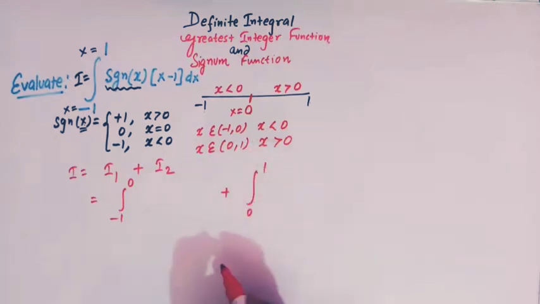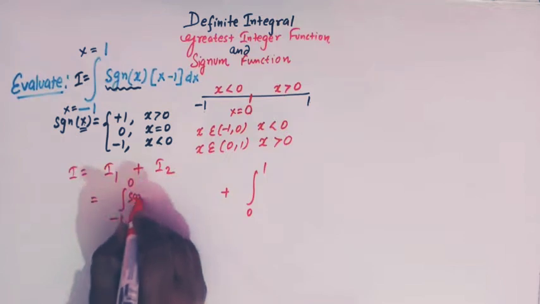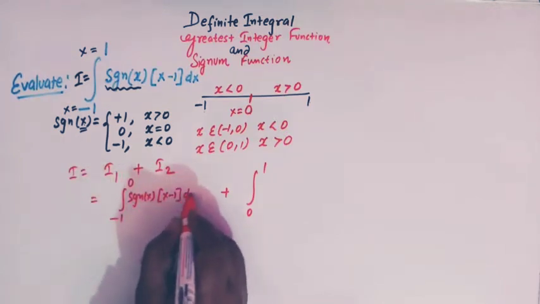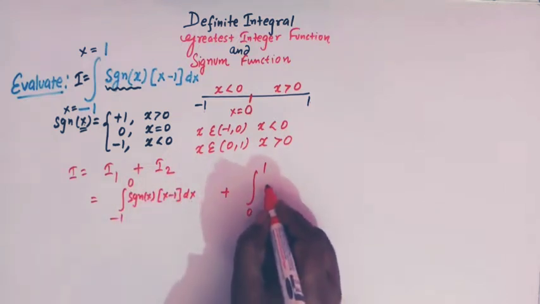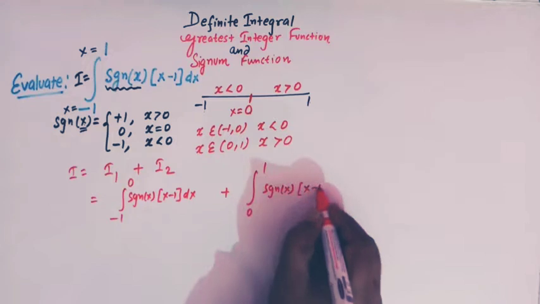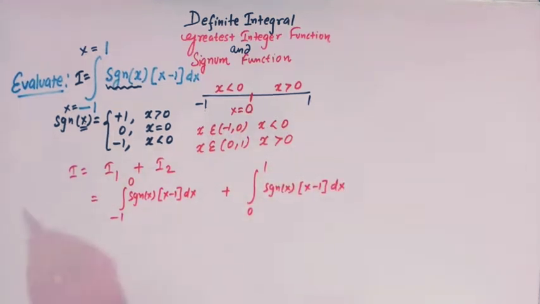Our integrand is signum of x times greatest integer x minus 1, dx, in both integrals. Now we have to solve these two integrals.